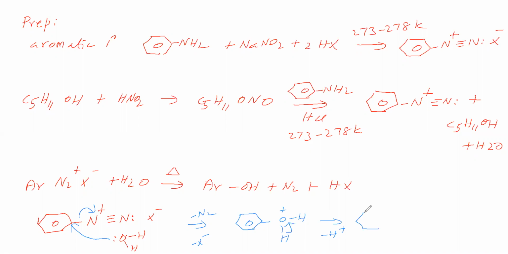So we are getting phenol. N2 plus is replaced by the OH group by adding warm water. So benzene diazonium halide gives phenol on hydrolysis with water.